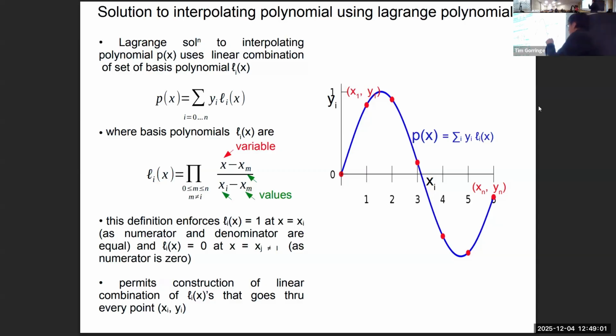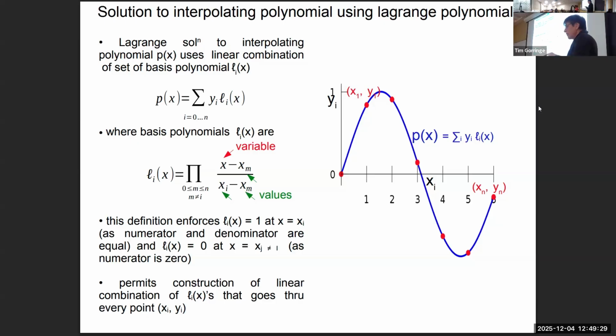We'll compare it with a second way of finding the n-order polynomial that passes through n plus 1 data points, which is what's called a Lagrange method, and which uses a Lagrange basis polynomial to determine this unique polynomial that will pass through the data points.